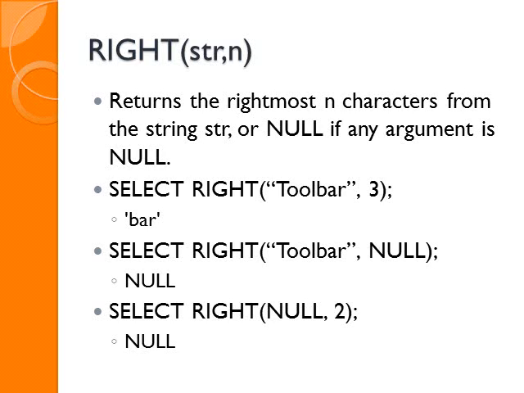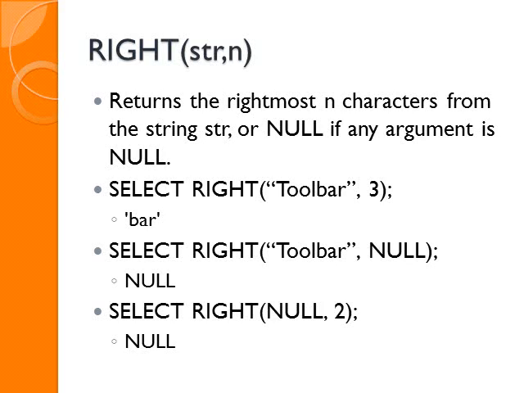For example, select right. Here we have taken the string as toolbar, comma 3. It will give you the output as bar, because in toolbar the rightmost 3 characters are bar.